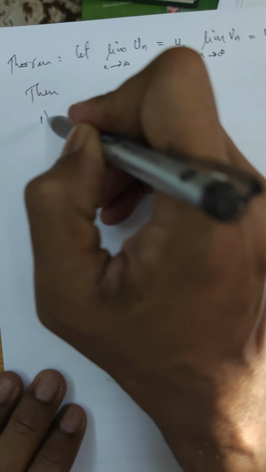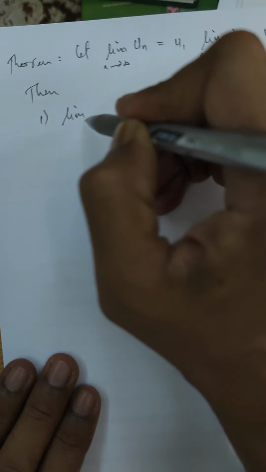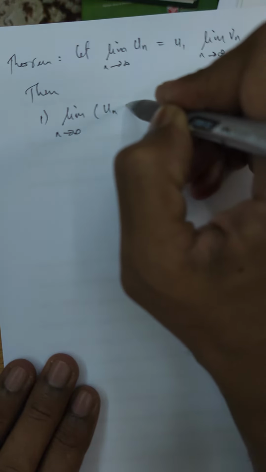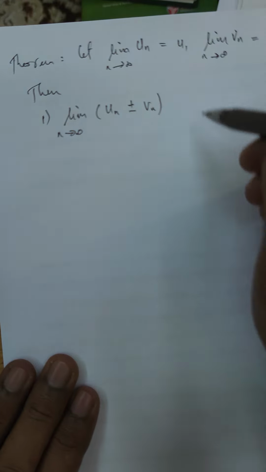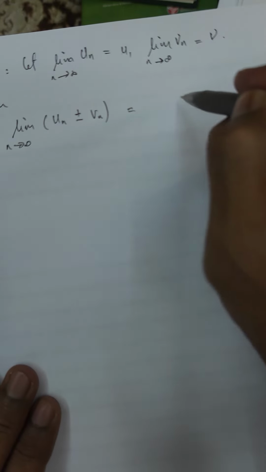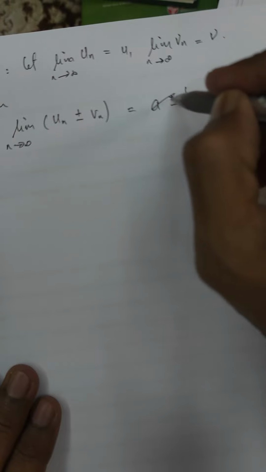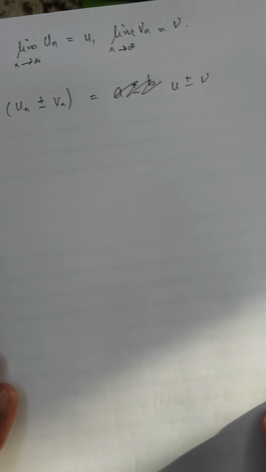Therefore we have then, the first property is that the limit as n goes to infinity of un either plus or minus vn is equal to u plus or minus v.